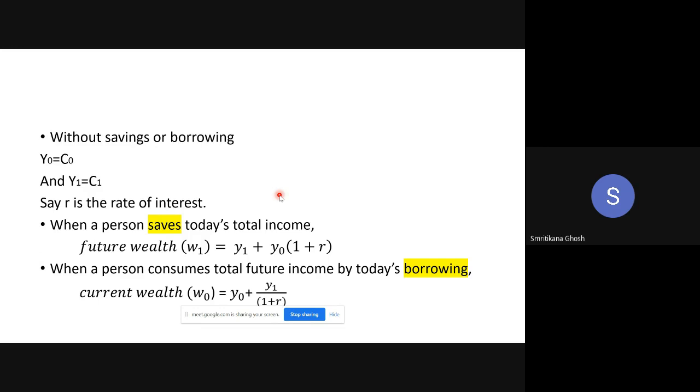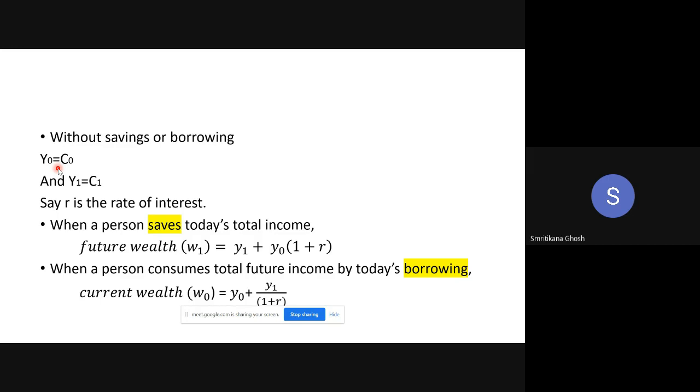Or, maximum what you can do, you are not consuming anything today. Whatever you are earning today, you just save it. So your C naught will be 0, and Y naught is going to savings. And that saving will be used for tomorrow's consumption.